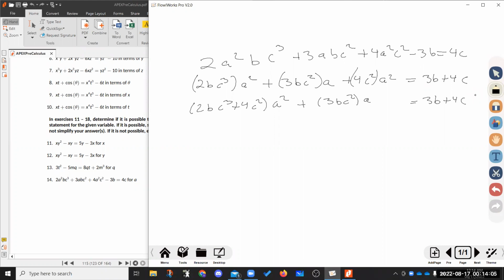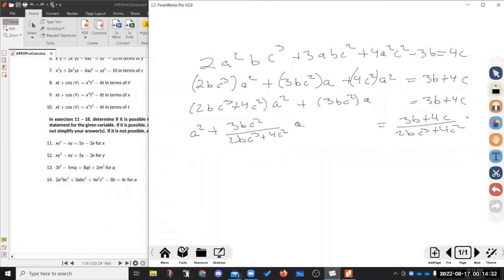We're going to divide everything by this coefficient out here and get a squared plus 3bc squared over 2bc cubed plus 4c squared, a, equals 3b plus 4c over 2bc cubed plus 4c squared.